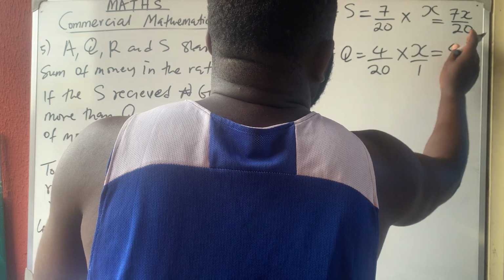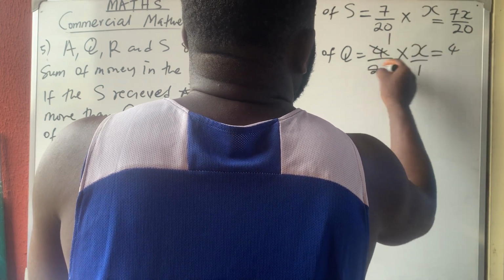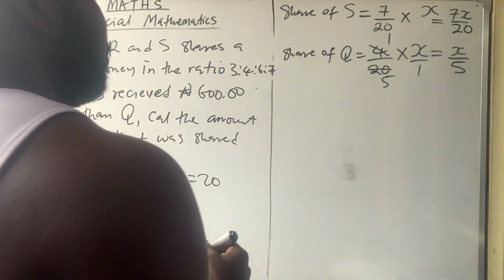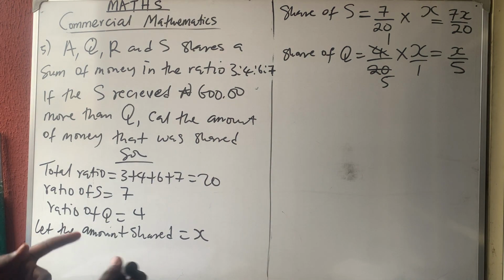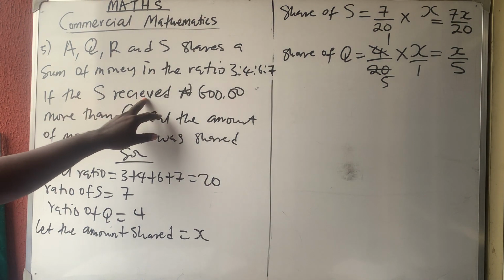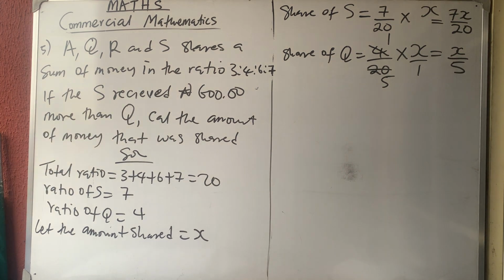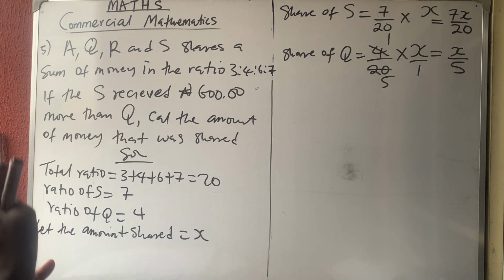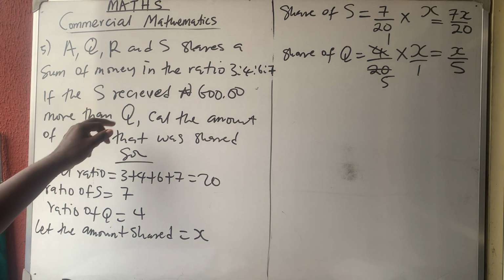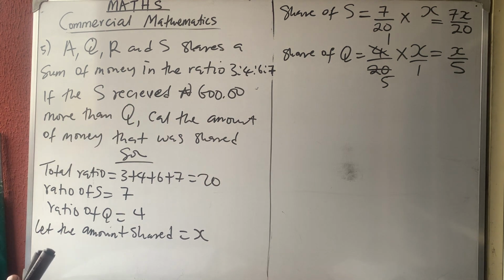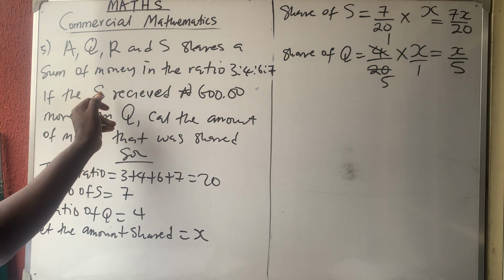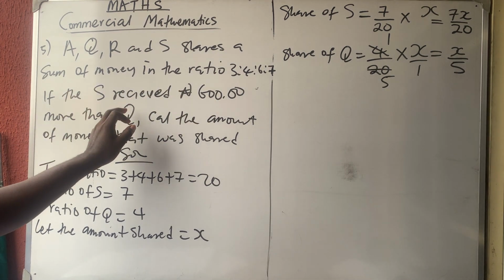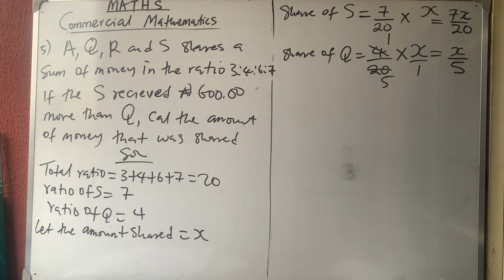If you do that, 4 divided by 20 is 1 over 5, so I'm having x over 5. x over 5 is the share of Q. But they say that S received 600 naira more than Q. So if you want S and Q to be equal, then I'm going to add 600 naira to what Q has, or subtract that 600 naira S used to be more than this person. It's either you subtract the 600 naira from S or you add it to Q. Any of them will make them equal.